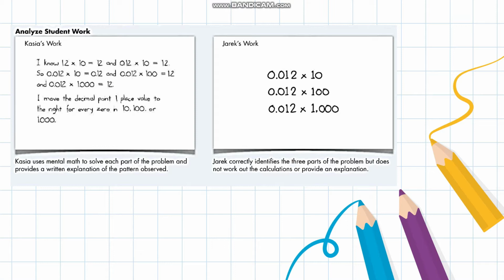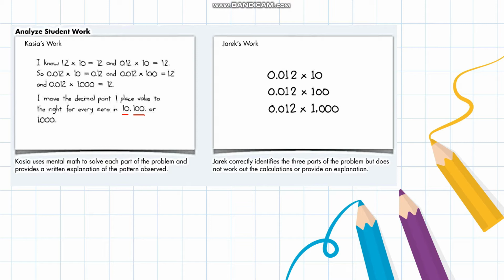So what she did, based on her explanation, was move the decimal point one place value to the right for every zero in 10, 100, or 1000. In short, if it is multiplying by 10, one zero means one movement from the decimal. 100, two zeros, so two movements from the decimal going to the right.